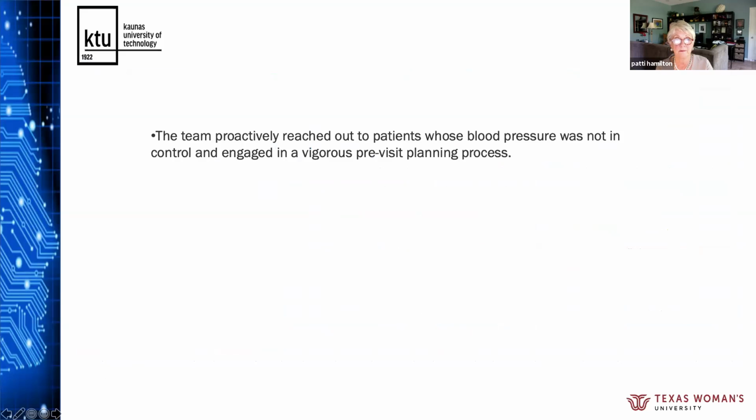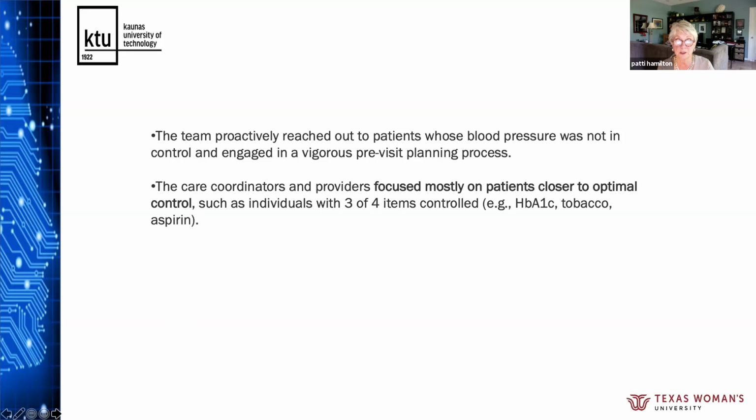So they reached out to patients who had been identified as at risk and did some pre-visit planning to make sure that their charts were flagged so that as they came in, it was obvious to the provider that they needed special attention. And here they say the care coordinator and providers focus mostly on patients closer to optimal control.